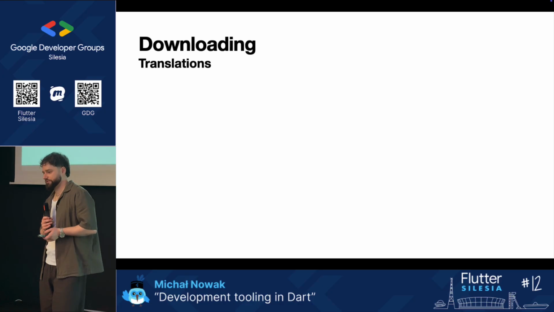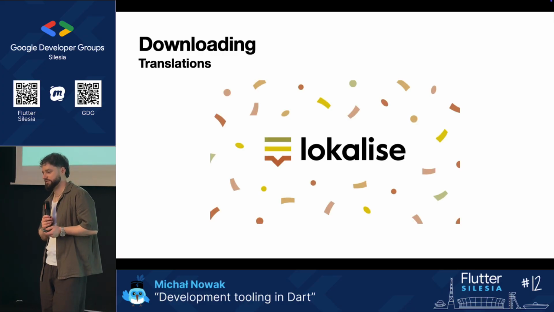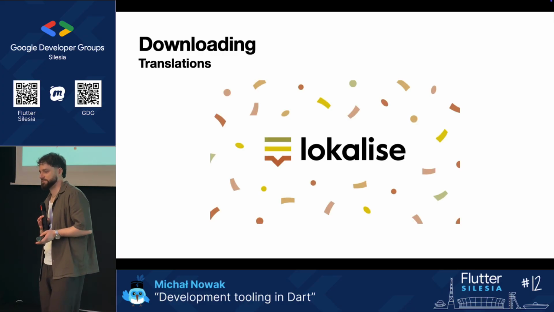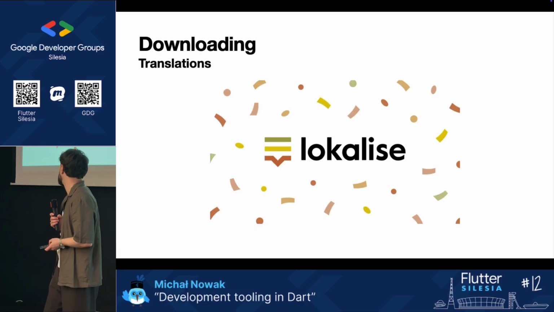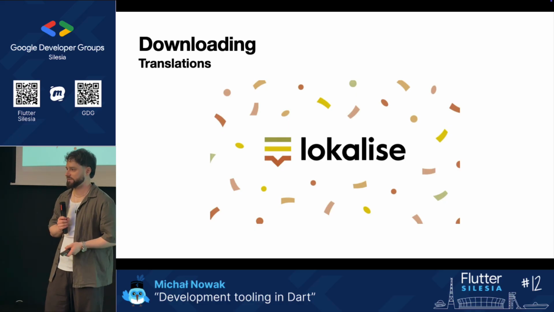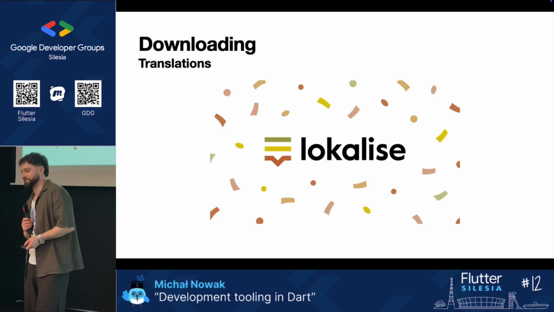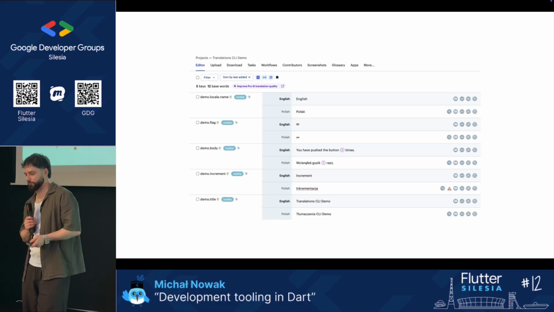You can use various tools, but for this presentation I just use Localize, not because I'm sponsored by them or anything, but they have a CLI, they also have an API, but really this presentation will be agnostic of it, it's just fine to use something that is actually used by quite a few people.